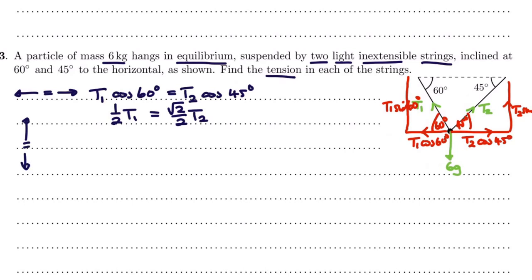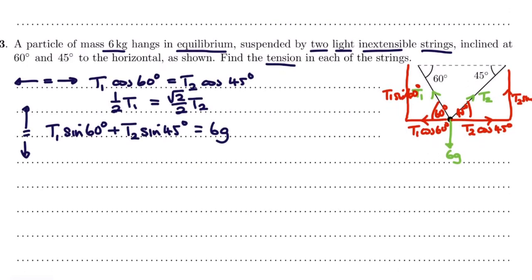Right, now I'm going to do up equals down. So we've got going up, T1 sine 60 plus T2 sine 45 equals 6g, or 6 times 9.8. Therefore, root 3 over 2 T1 plus root 2 over 2 T2 equals 6g.